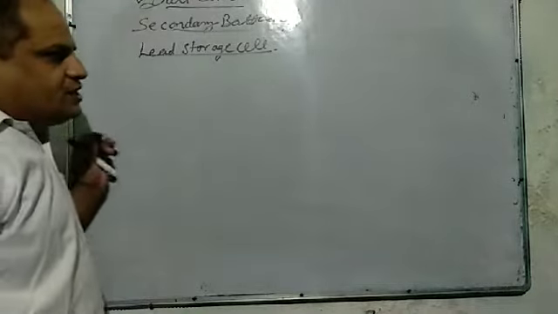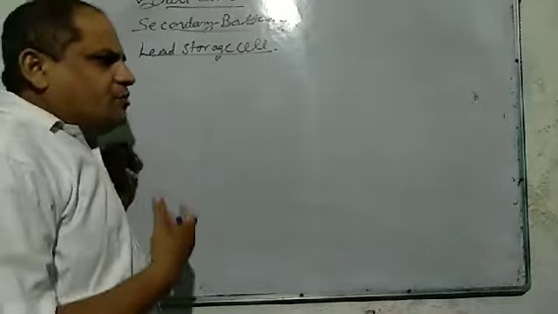This is the combination of a number of galvanic cells in series. Usually 3 or 6 galvanic cells are connected to produce a battery of 6 or 12 volts respectively.